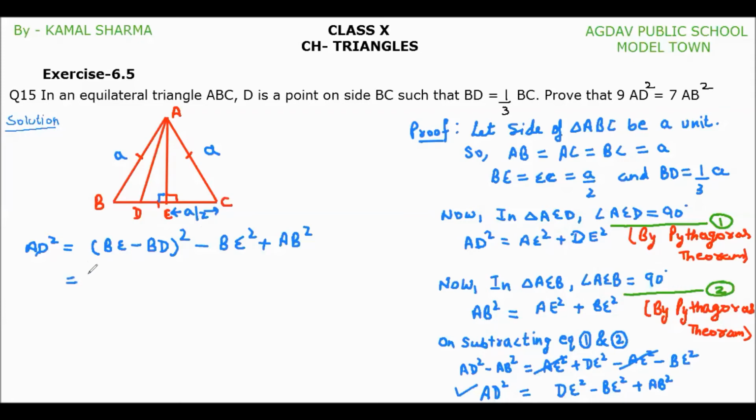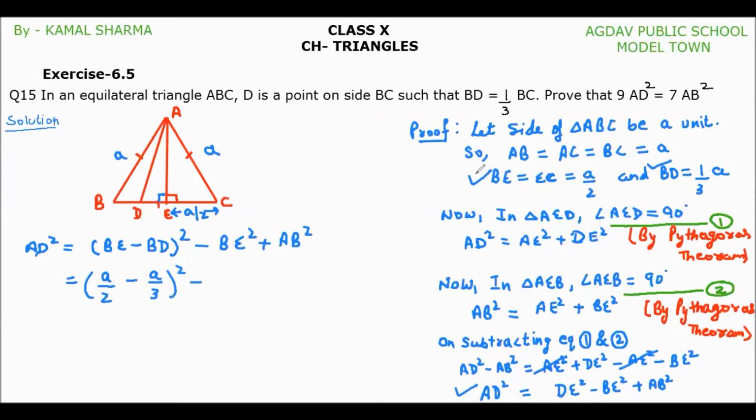Now what we have to do is put in the values. BE equals A by 2, so instead of this BE, I will write A by 2 minus this BD. Here it is written BD is 1 by 3 A, that means A by 3, and the whole square as it is. Now minus BE square.